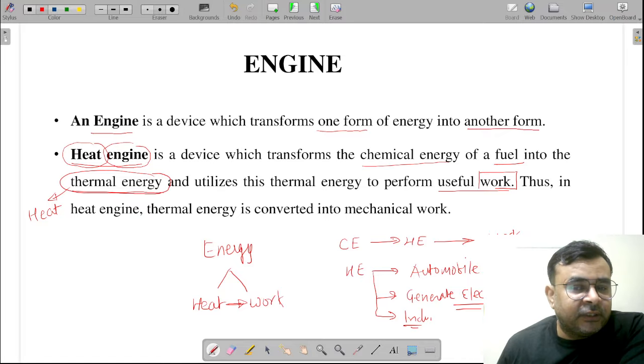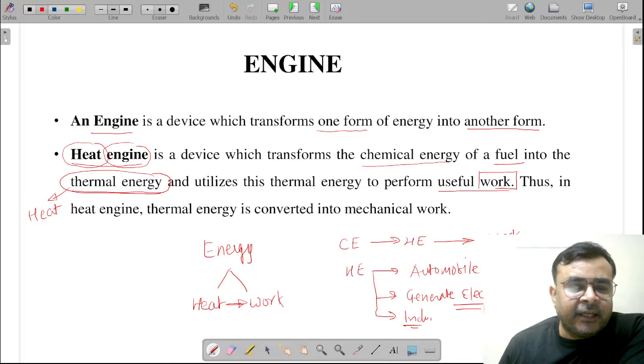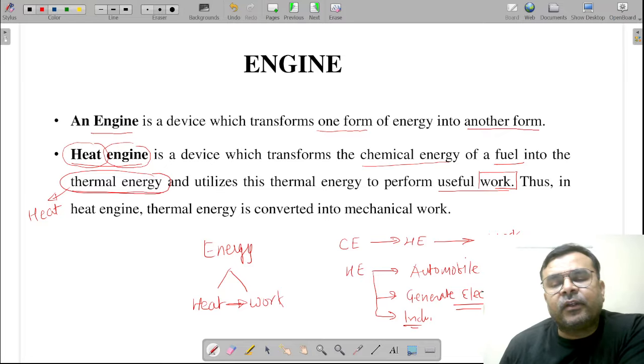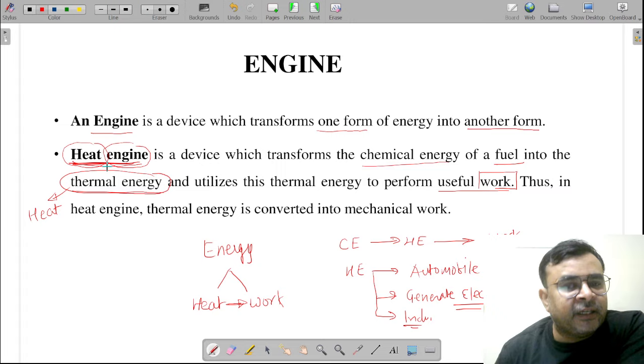You can also use a heater to heat the water, and even cook food with the help of this electricity, which is further converted into heat. So when I talk about a heat engine, it basically either runs a vehicle or generates electricity. These are the two main purposes of a heat engine.